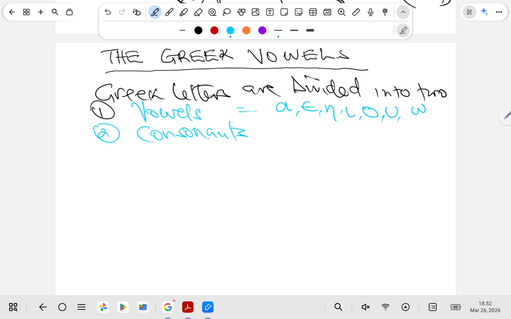We're going to talk about this in a little bit. That means the rest of the letters, outside of this, are what we call the consonants. So any other remaining letter that is not part of the 7 is a consonant. Very, very important to notice that.